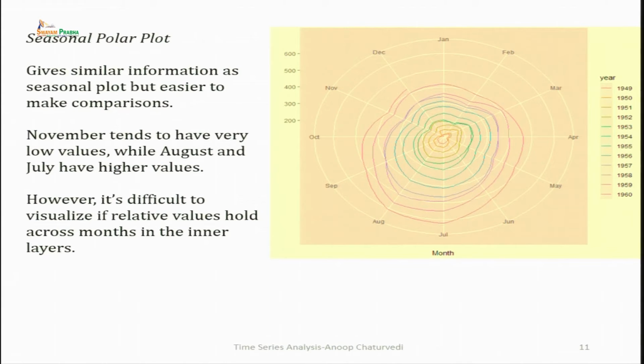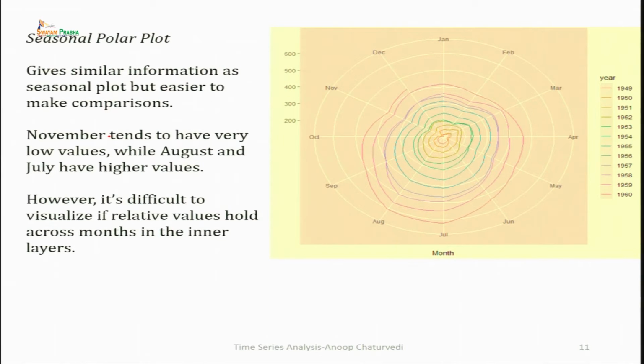One more thing you observe is that whenever the year changes, we have changed the color of the graph, so that you can easily identify the observations corresponding to different years. Just by looking at this graph, you can draw this kind of inferences.